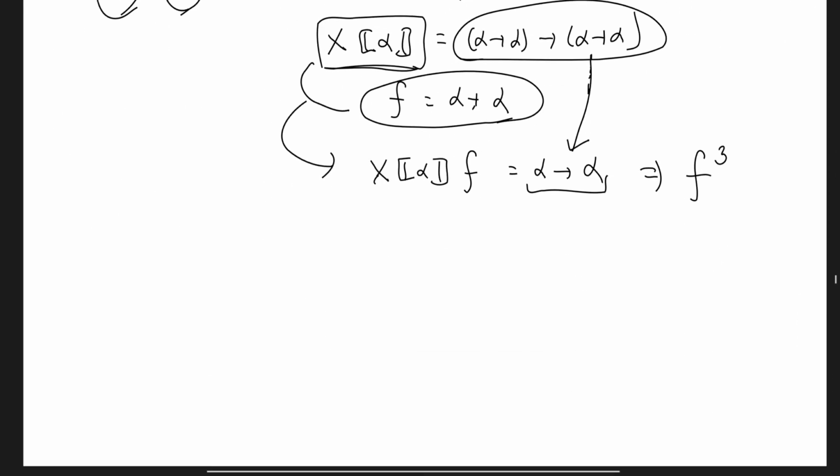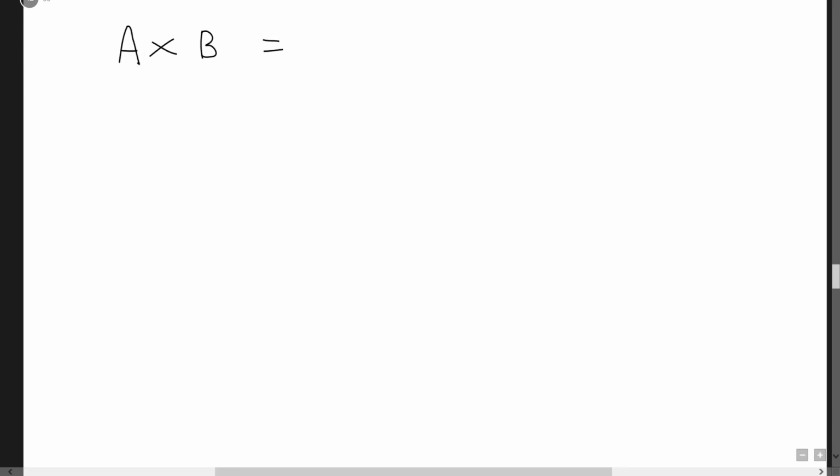Now, let's talk about product type. System F does not have product types, but we can definitely encode these product types by exploiting polymorphic types. How do we encode this product type?